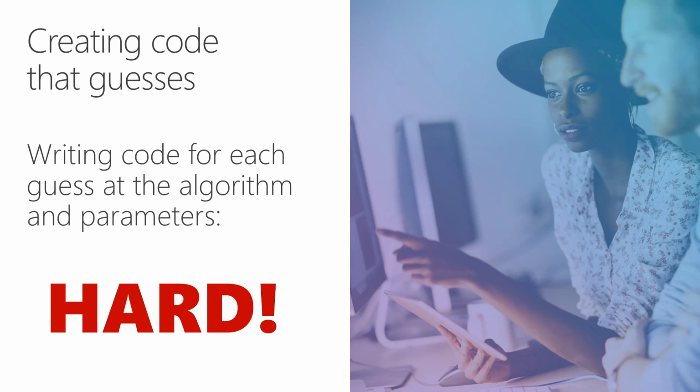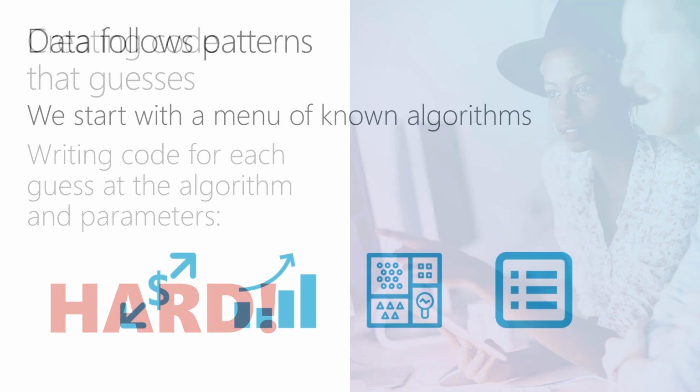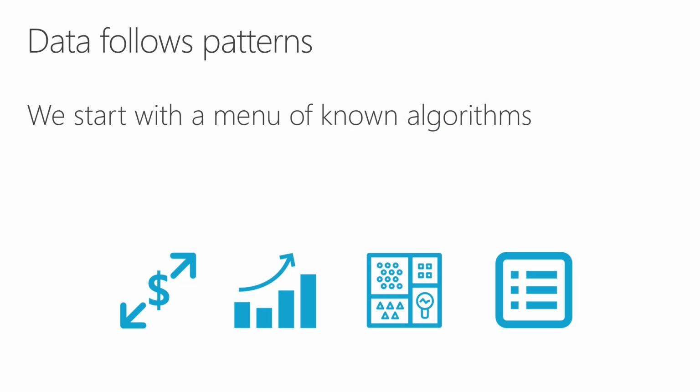But it turns out that data follows patterns. So if we actually have a ton of historical data for what we're looking at, we have kind of a menu of pre-built, well-known algorithms that can tell us what we can expect, right? And this goes back to our look at cognitive services, right? When we feed it a bunch of image data, maybe an array of pixels and an array of red, green, blue, right?